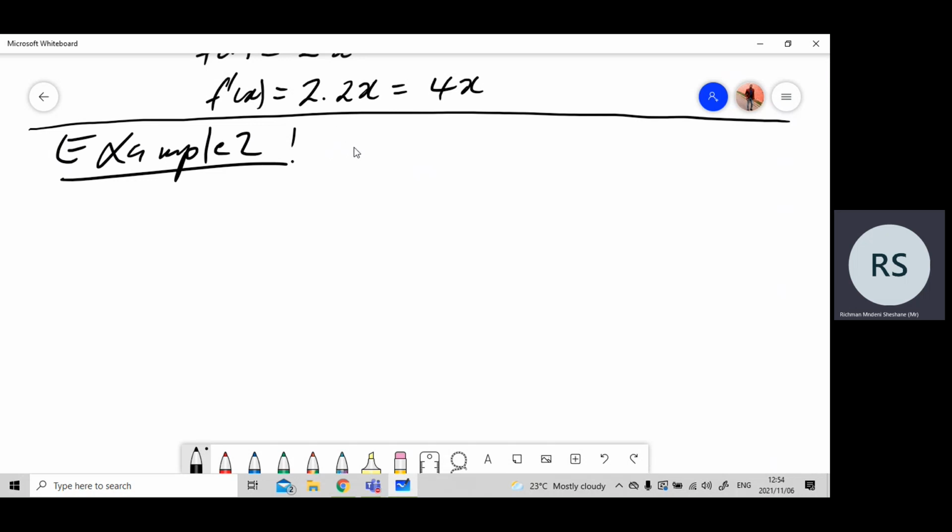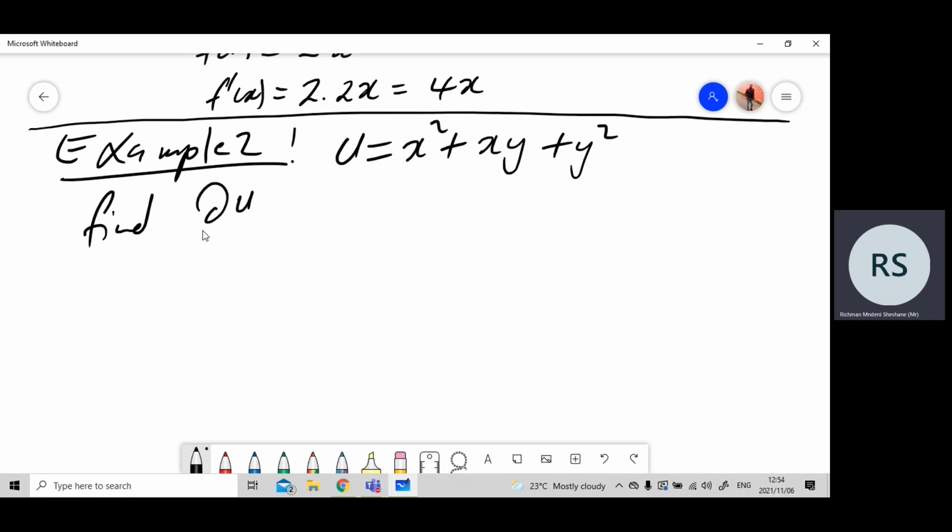Let's say a function u is given by x squared plus xy plus y squared. And the question say find a partial derivative of u with respect to x and a partial derivative of u with respect to y.